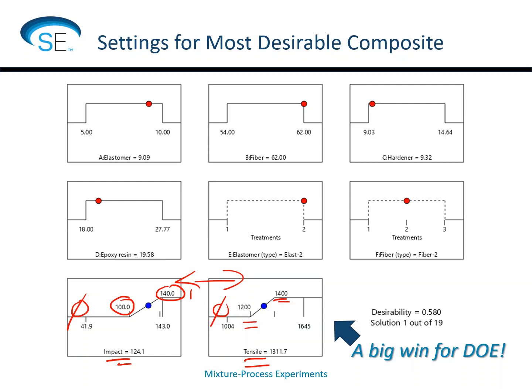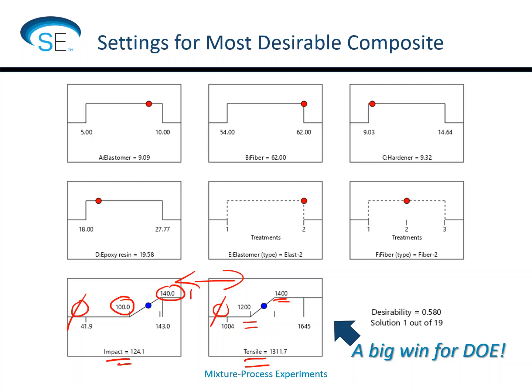So this gives us a way to trade things off, and we start from all the design points and do a hill climbing search by plugging in each set of coordinates to our predictive equation, predicting both the tensile and the impact, measuring those against the desirability ramps, multiplying the desirabilities together, and then coming up with a combination that gives us the maximum overall desirability.